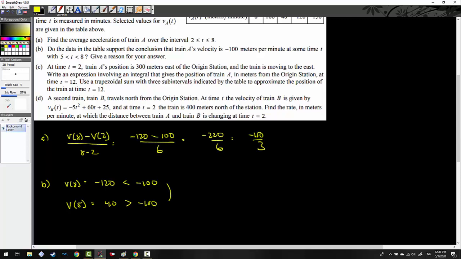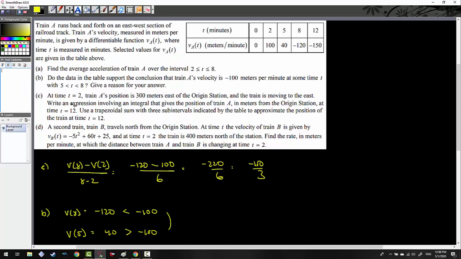So what I can say then is, and I'm actually going to type this out here, because it tells me that v is a differentiable function, so I'm going to say v of t, and there should be a sub a there, I'll draw that in a second. v sub a of t is differentiable and therefore continuous on 0 to 12.